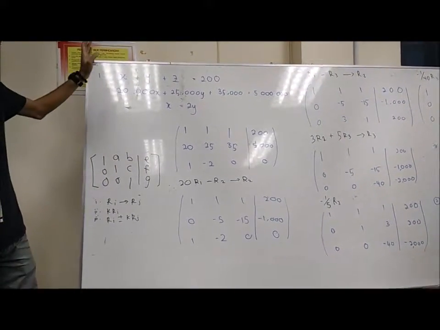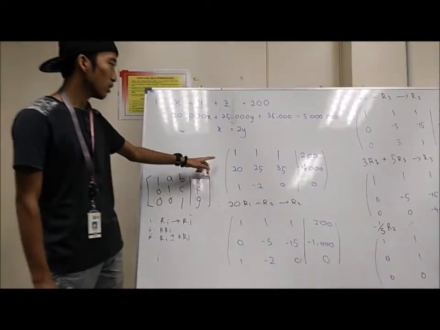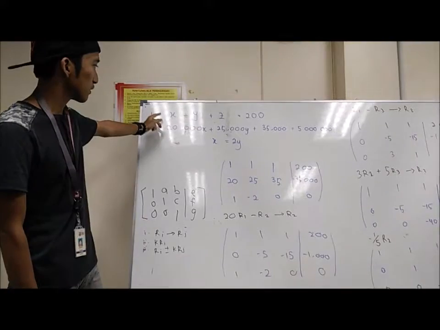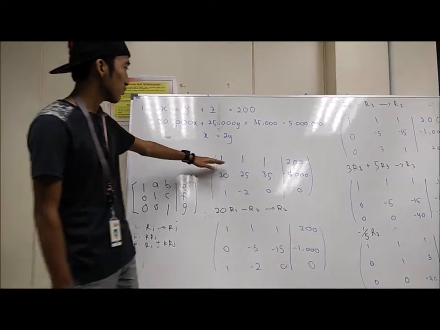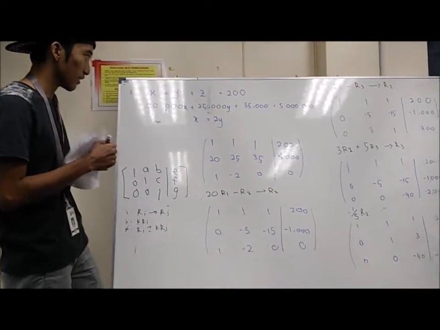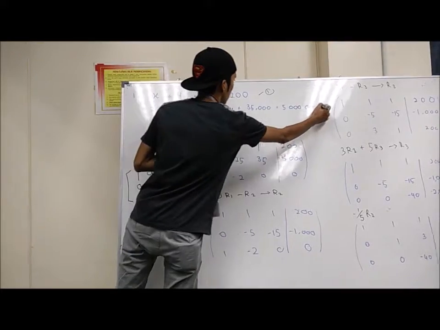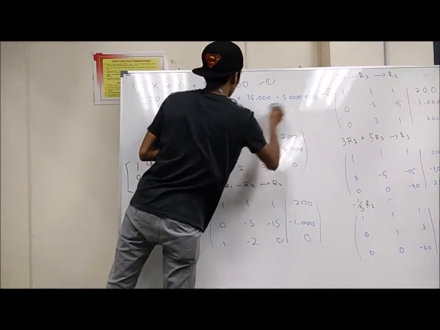We must change the equation to the form of a matrix. So first we must use the question 1. This is 1, this 2, this 3.